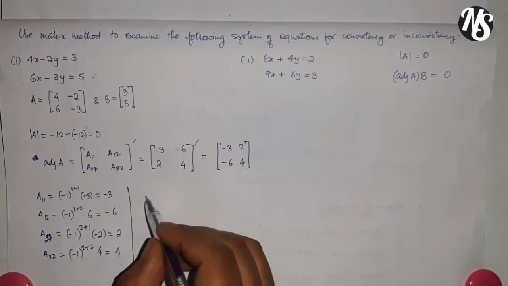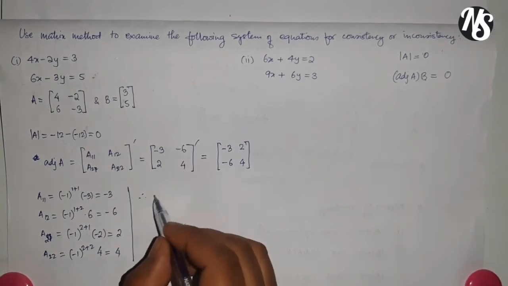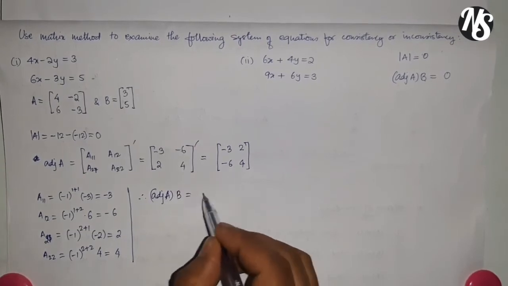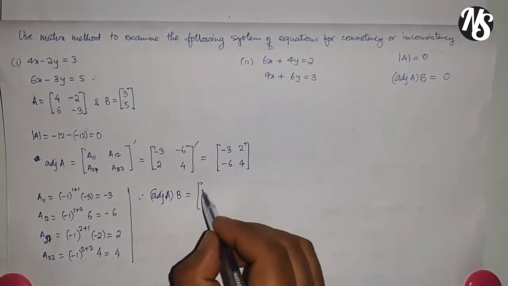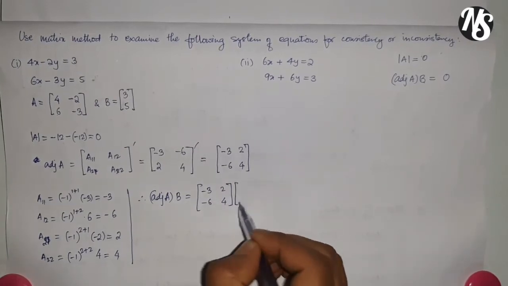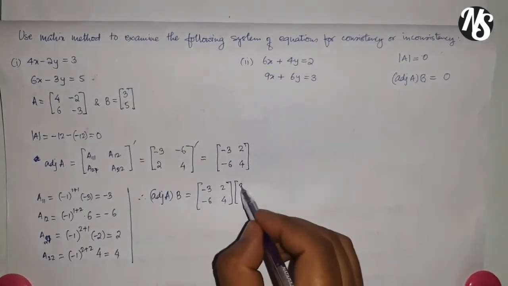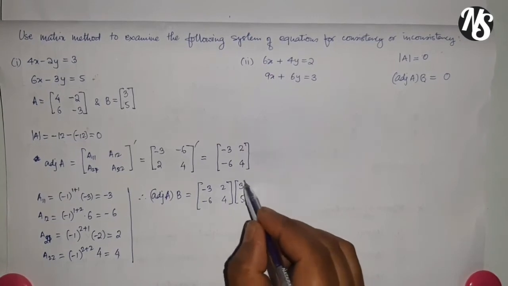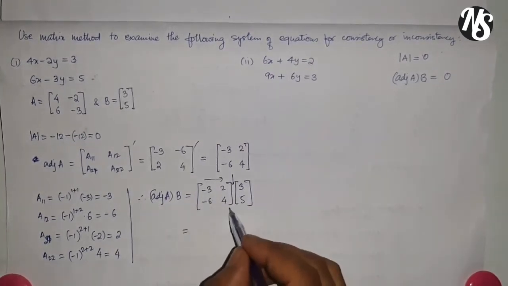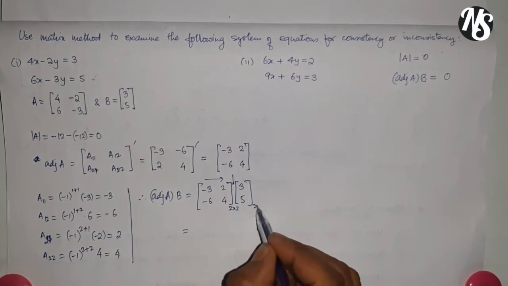So let's find adjoint of A into B. What is adjoint of A? It is minus 3, 2, minus 6, 4. What is B here? I told you B is 3, 5, isn't it? So let's do the quick multiplication. This is 2 cross 2, this is 2 cross 1.